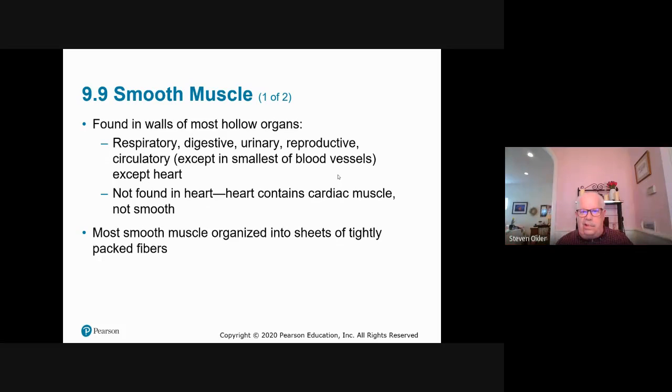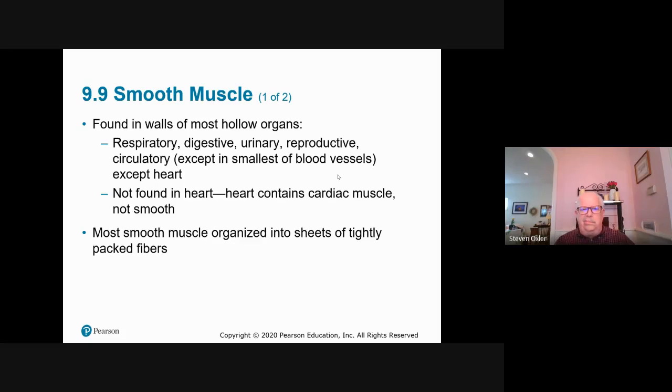That's skeletal muscle. You're going to learn about cardiac muscle in Bio 114. But I wanted to talk to you about smooth muscle because that's one of the three muscles. Remember, skeletal, cardiac, and smooth.